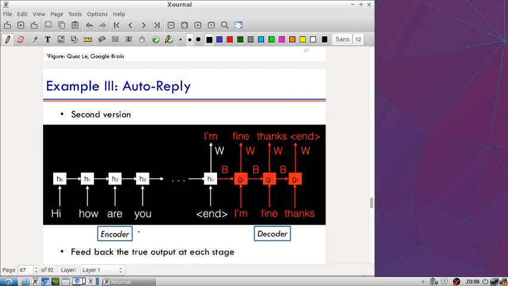In the second version, I'm going to think of this part as an encoder. It's encoding the whole input email as a vector here. Once I've read the whole input email, the cell state or hN is going to have information, context. In this case, the whole email is context.